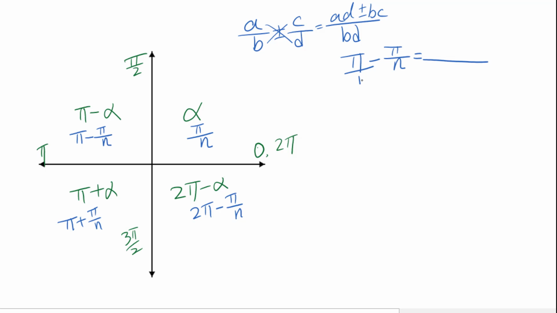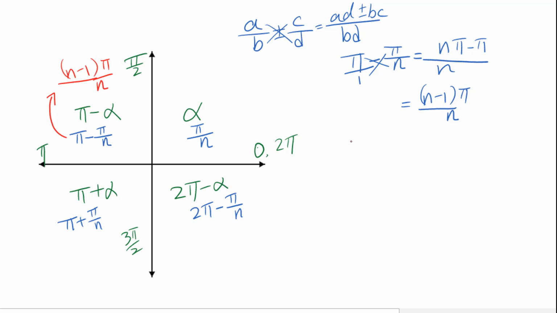So the denominator is 1 times n, which is n. Cross multiply, you will get n pi minus pi. Then take pi out, we get n minus 1 pi over n. In other words, for this part, I can write down n minus 1 pi over n.